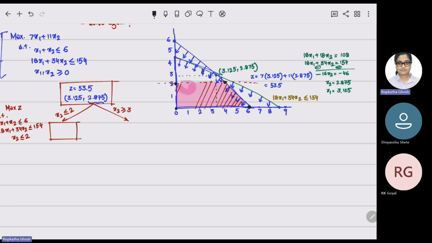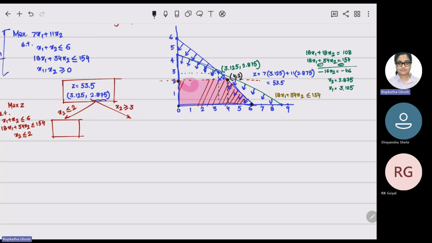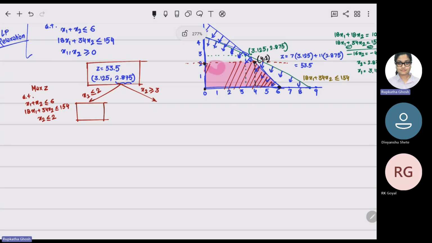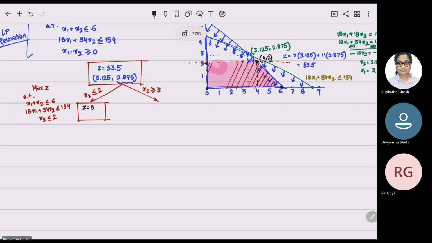And if you check, here on 4,2 you will have a solution, because here it is 6,0, so that is 7 into 6, 42. Here it is 0,2, so 11 times 2 is 22. And here it will be 4,2, so that is 7 times 4, 28, plus 22. That is 50. So you will now have z equals 50 at 4,2. So this is already feasible. Once this has become feasible, there is no need to expand this branch further.